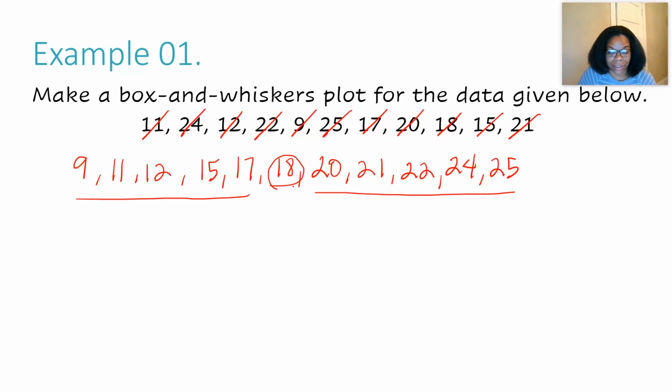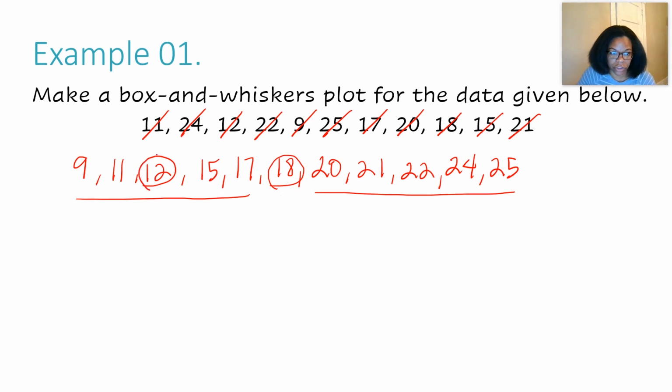Next, I'm going to calculate my first quartile and my third quartile. We basically follow the same steps, but we only use the first half of the data set. Sometimes this could be referred to as the lower quartile. So we're going to calculate the median here, and I can see that the middle number is going to be the 12.